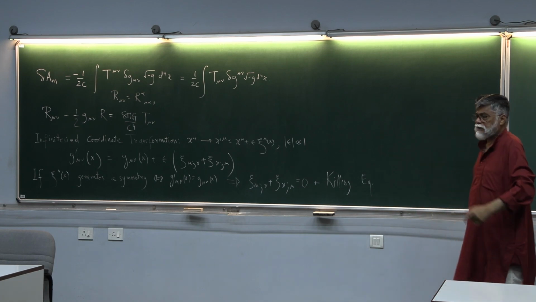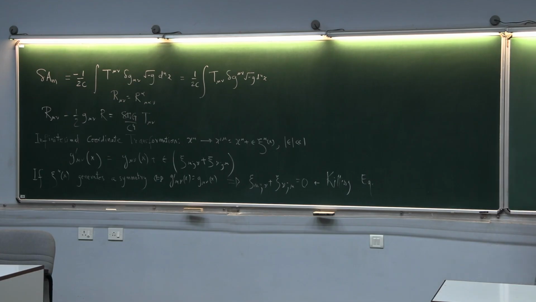What I showed was that if you have the tangent vector for this freely falling particle, u mu, which of course is dx mu by d lambda, then when it is going along the geodesic, the tangent vector is parallel transported along itself.